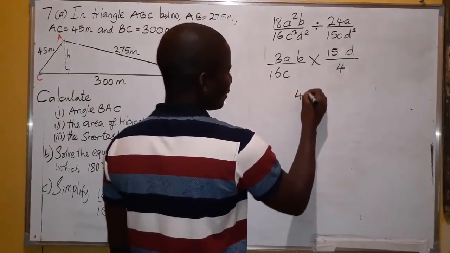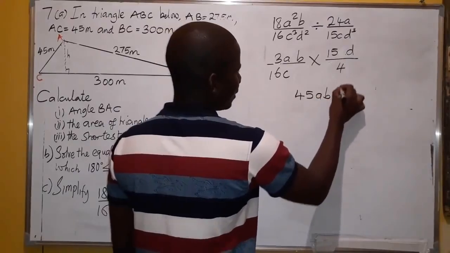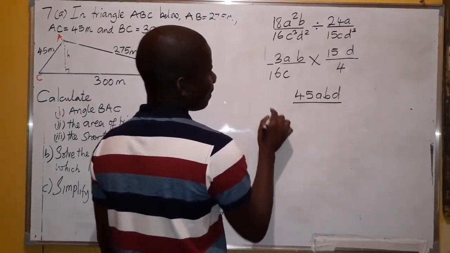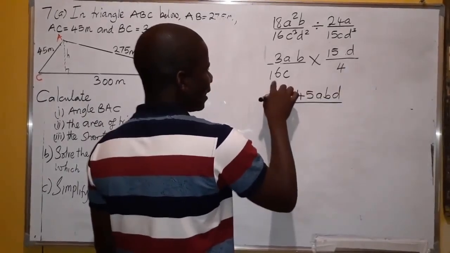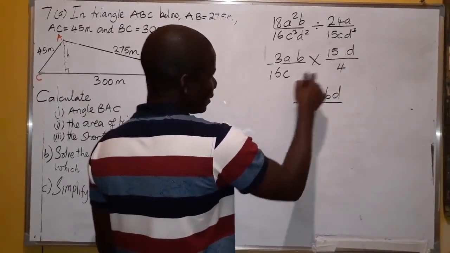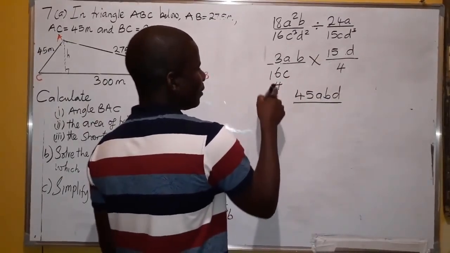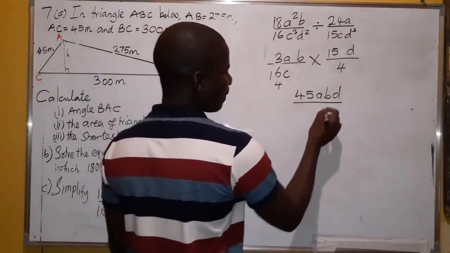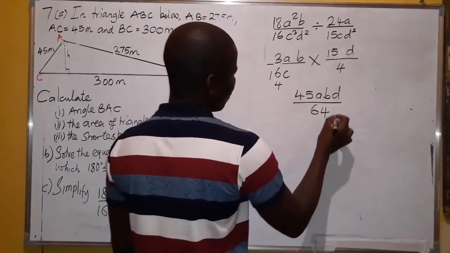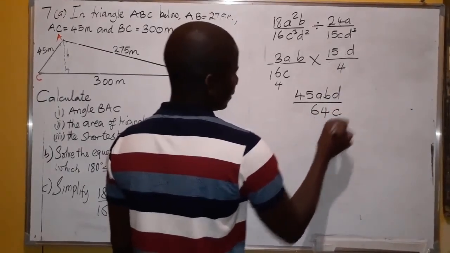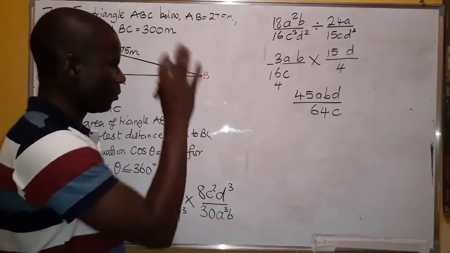It's giving us 45 a b d over 16 multiplied by 4. This is giving us 64 c.